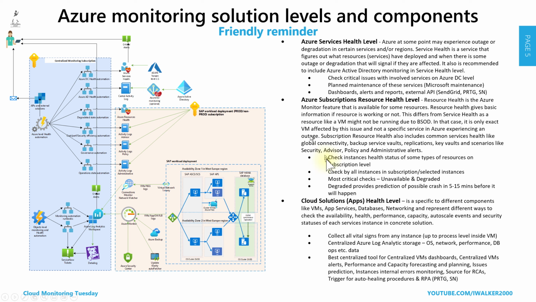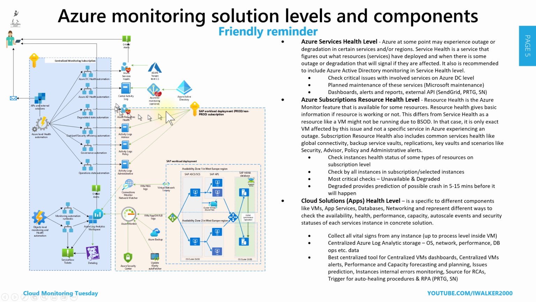That was from the previous discussion, on how you can use resource health. And on the same level, you can also find the activity logs that provide us additional information on what's going on. On this picture, you can find two different types of activity logs.